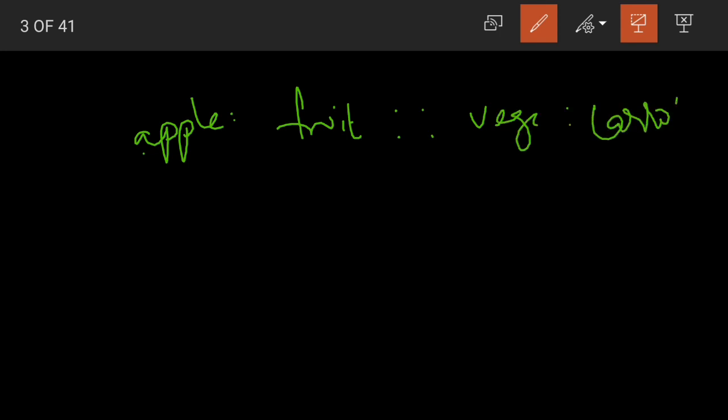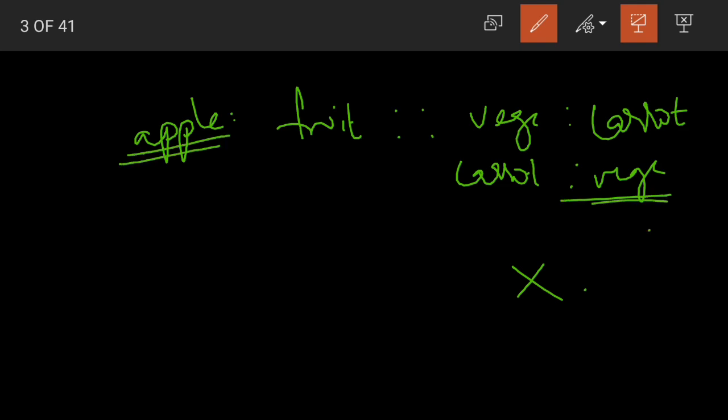But if I write apple is to fruit as vegetable is to carrot, will this be correct? No. First we should have carrot, then we have the group to which it belongs, that is the vegetable. See, first we had the fruit and then we had the group to which it belongs.